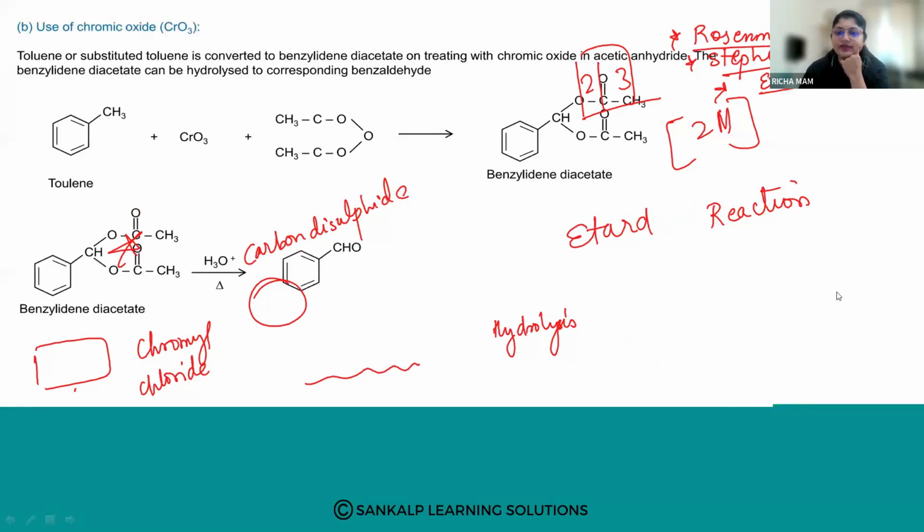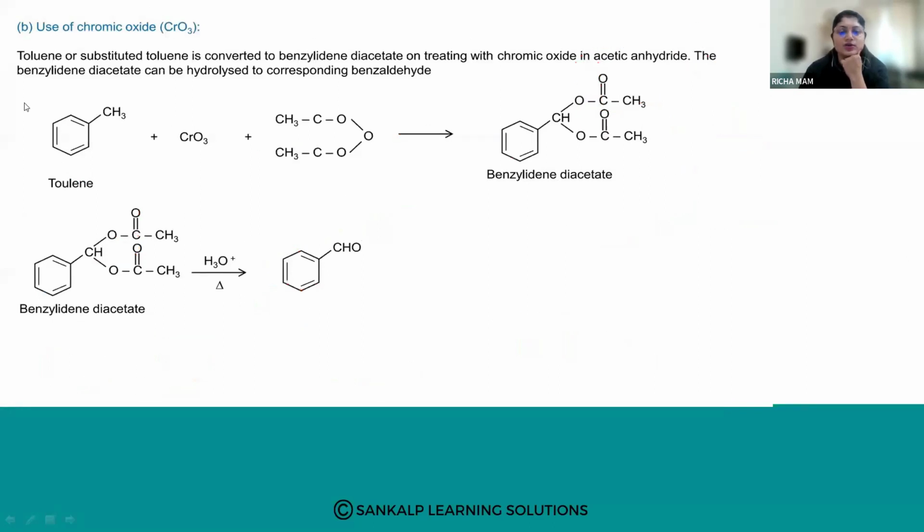Next, again we are going to do oxidation on toluene. We are taking toluene and treating it with CrO3, that is your chromic oxide, in the presence of acetic anhydride.